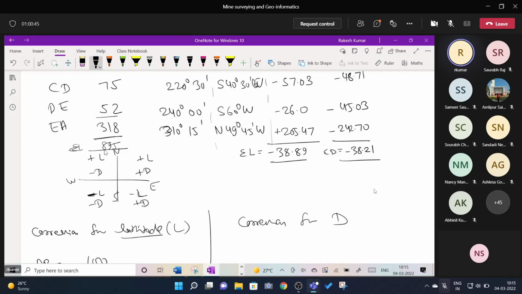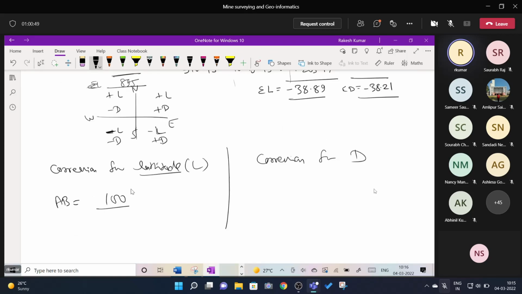So 100 divided by 895 into the latitude value, 38.89. What value will you get? 4.34.